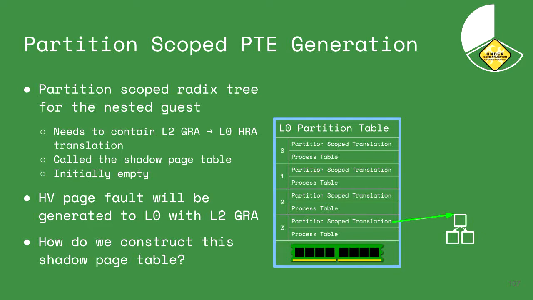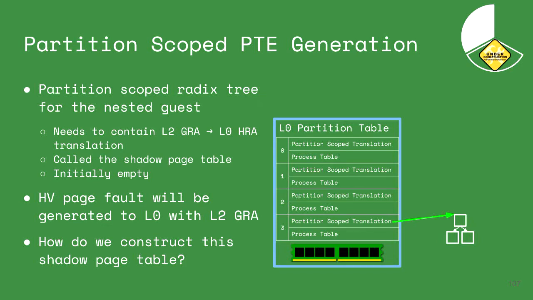And I said we need to have a mapping from level 2 guest real address to level 0 host real address. Now remember, these trees are normally empty, and when hypervisor page faults are generated to level 0, we're going to fault in one of these entries. The exact same thing we did for a normal guest, but now we're doing it for our nested guest.